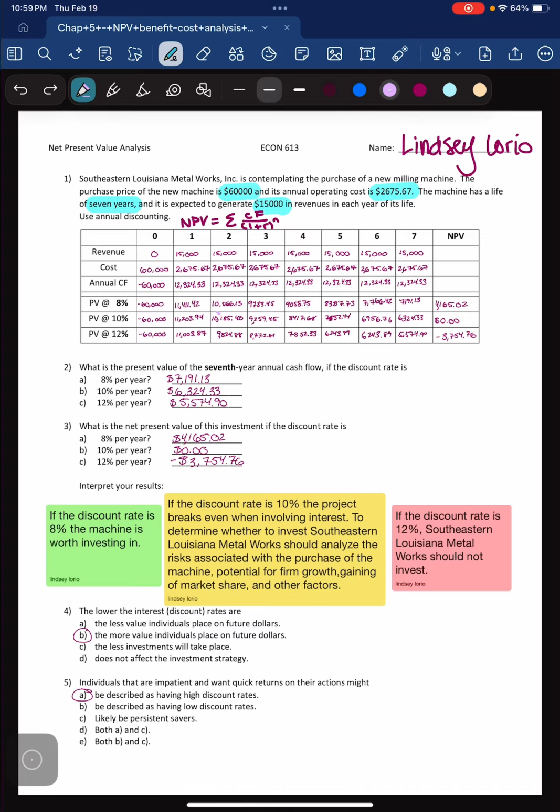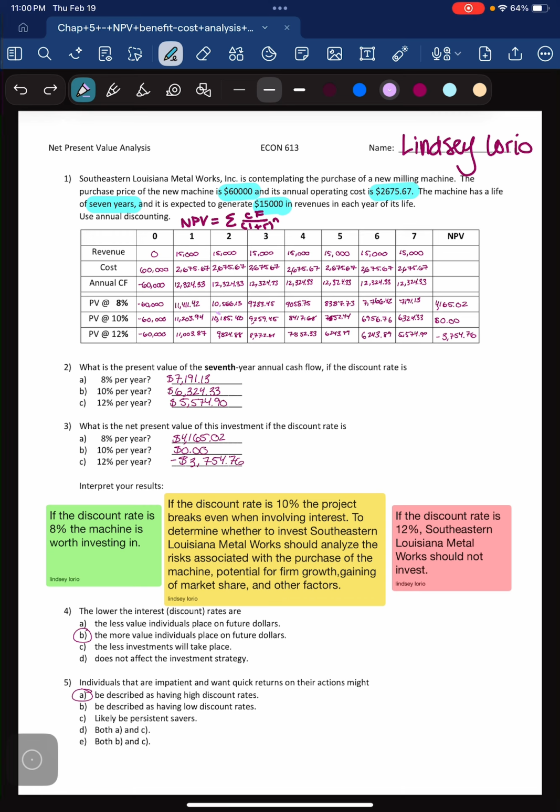So they should think about if this investment is going to help grow their company, if this investment is going to give them a market share that they're looking to get, if it's going to give them other benefits outside of just the investment factors, or if it's going to be a lot of work or have any negative effects on the company. They need to do more analysis involving more factors to determine whether or not they should invest.